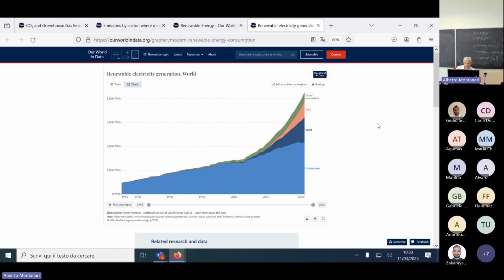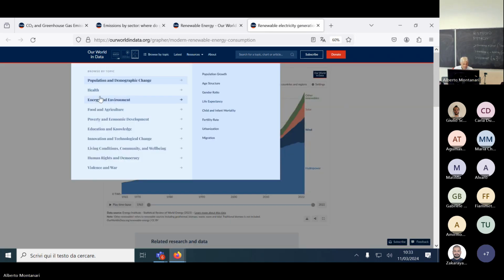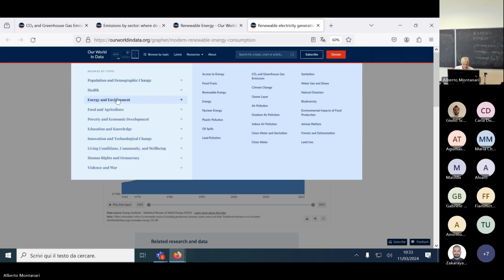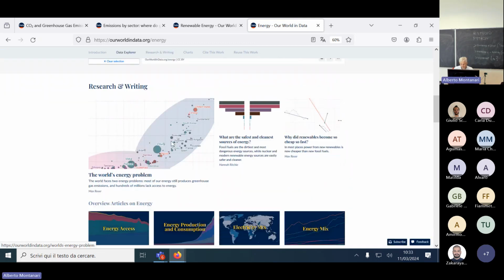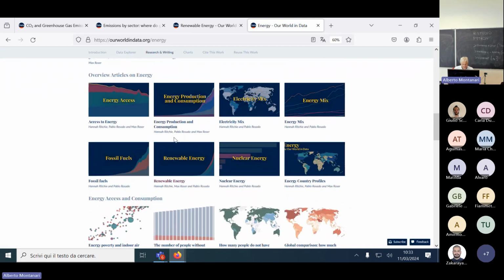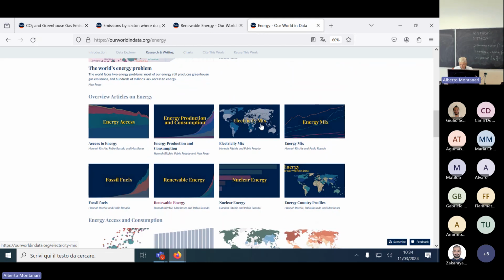This is renewable, but still, if you look at the generation of electricity, I think, let me see in the topics. Okay, energy. Energy, electricity.